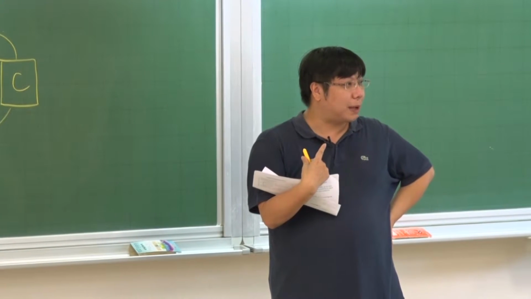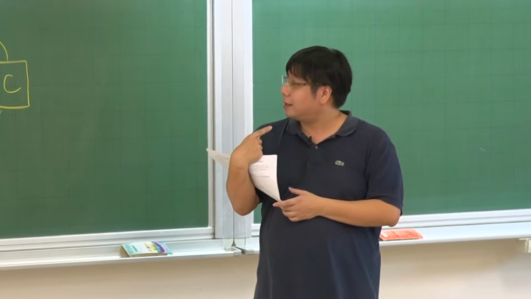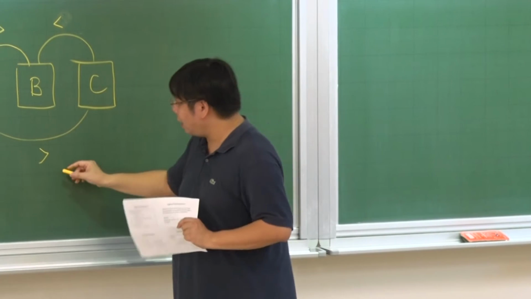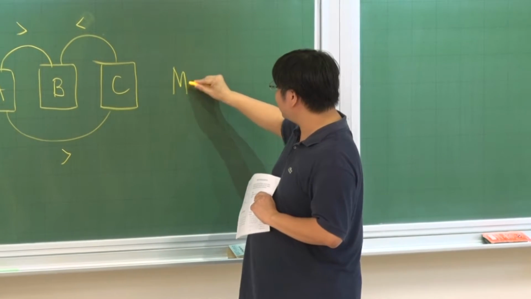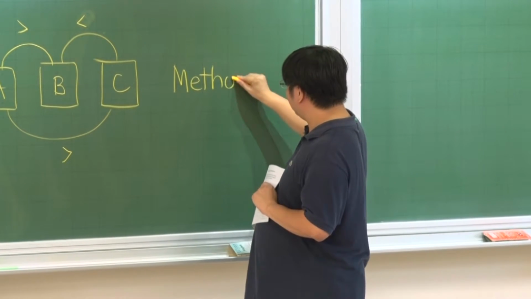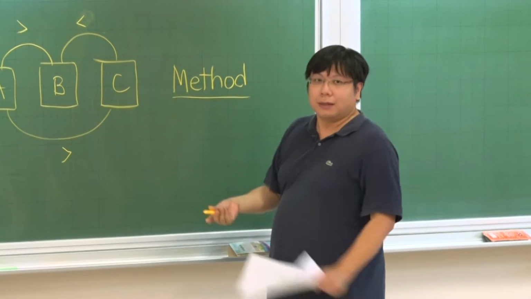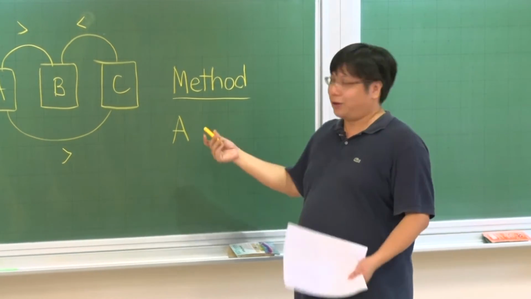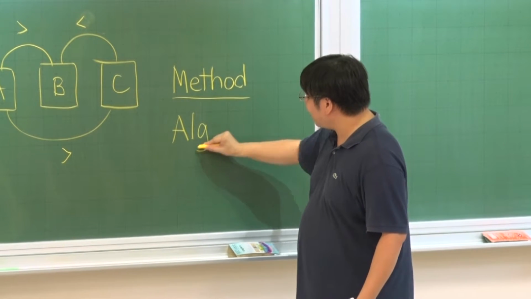This method works by comparing every pair of numbers. We call it a method to solve something, or, more commonly in computer science, we use a different word. Yes, very good. We use the word algorithm.